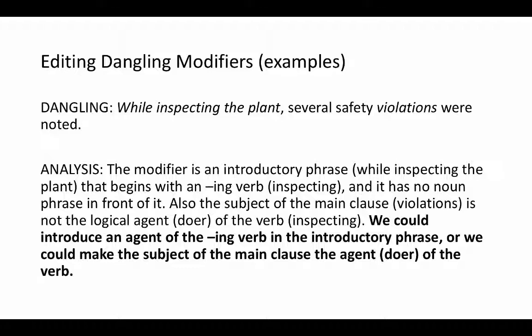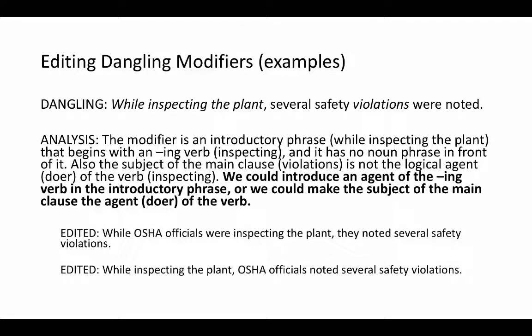So there are a couple of ways to edit it. We can introduce an agent of the ing verb in that introductory phrase, or we can make the subject of the main clause the doer of that verb. So let's look at how that might turn out. There at the bottom. While OSHA officials were inspecting the plant, so what we did there was we introduced a doer of the ing verb in the introductory phrase.